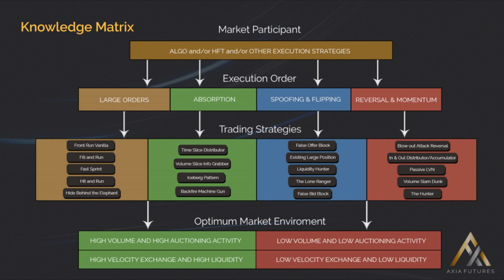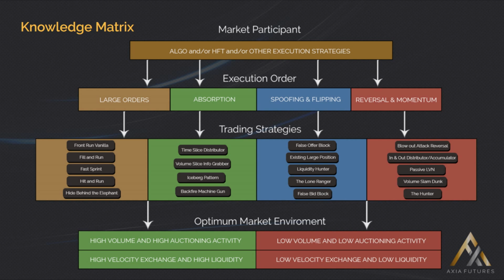The execution strategies and the type of execution orders will fall into four broad categories, and those four broad categories can encompass a whole host of different types of order strategies and therefore trading strategies that we deploy.